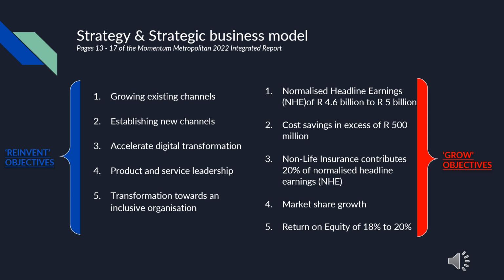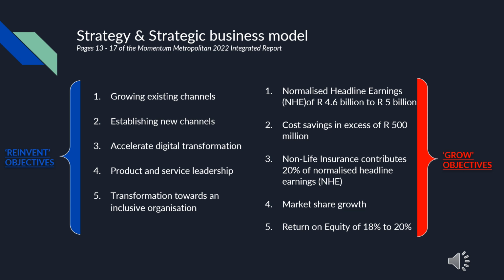For the Reinvent objectives, the first 2 points relate to growing existing channels as well as establishing new channels, and the company believes it can do this by embracing technology and new technology advances. Point number 3 relates to the company using technology to transform its business and make it more competitive and efficient.